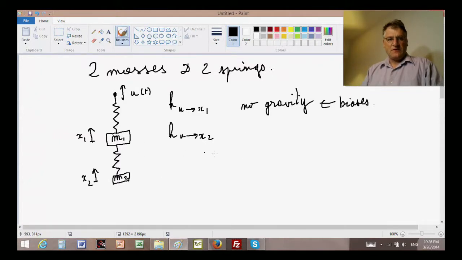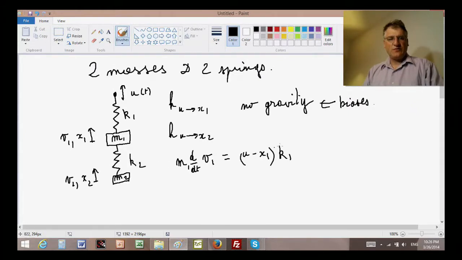Now, we write the equations of motion, and we obtain that m1 d/dt of v1, which is the vertical speed of the mass m1, must be equal to (u minus x1) times k1, the stiffness of the first spring.